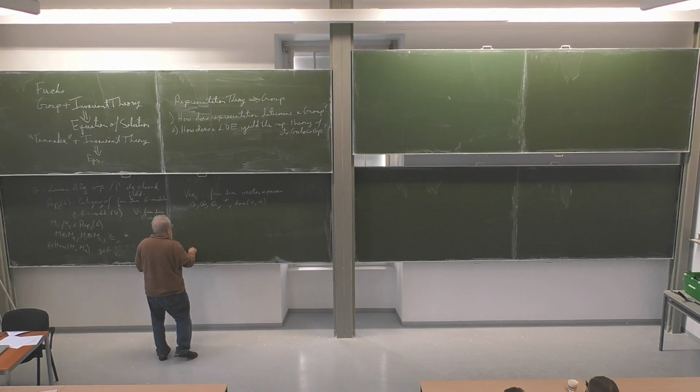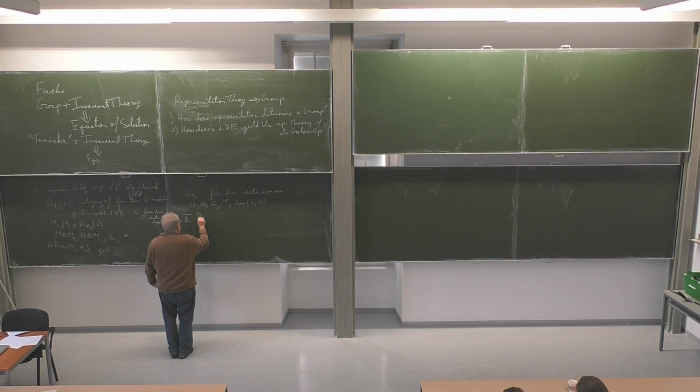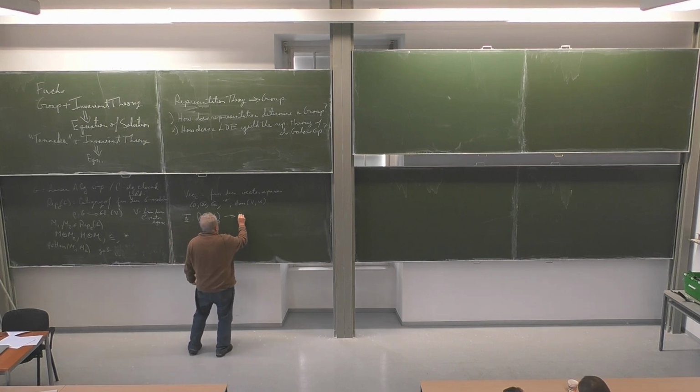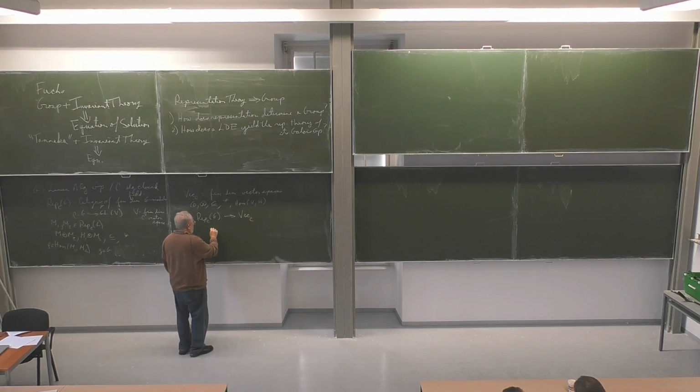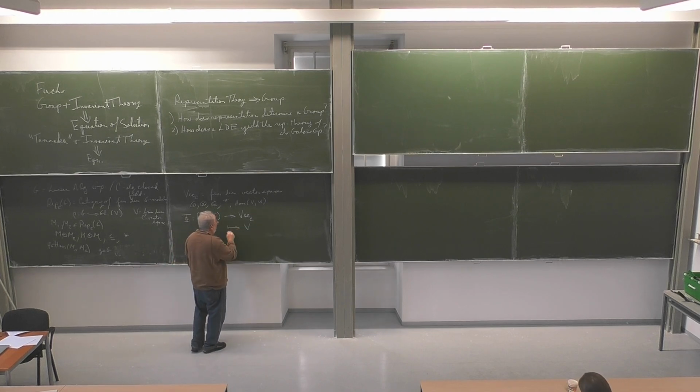So I can get a functor from here into this vector space. You just take V and you forget G.